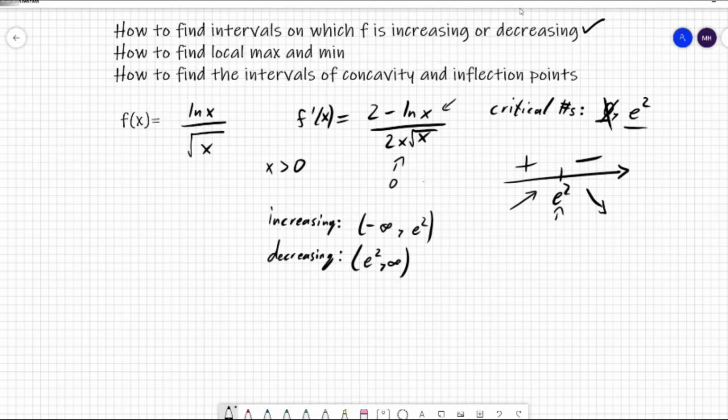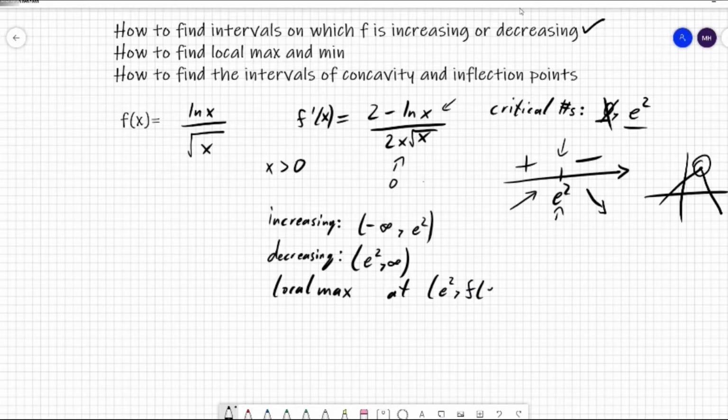Well, you can just use this as your max and min pointer, because if the function goes up and it goes down, then this has to be your max or min. So then we know that we have a local max at e squared, and you're in Calc 1, so you should probably be allowed to just say f of e squared if you don't have to use this point.